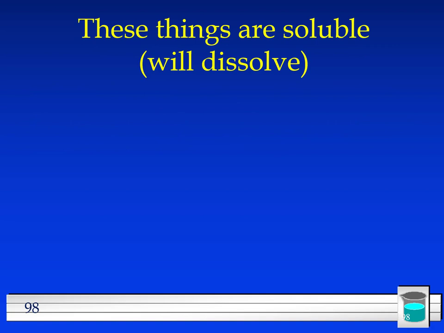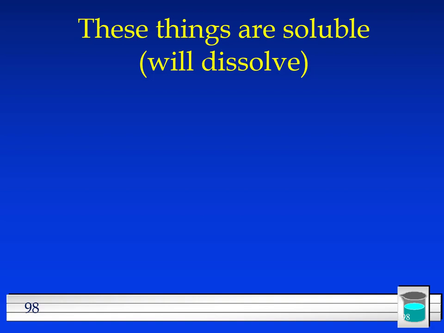These things are soluble. Soluble. Able to be solution. It's not solid-able, not able to be solid. No. Soluble, able to be solution. These are things that do dissolve in water. What kinds of compounds do dissolve in water?